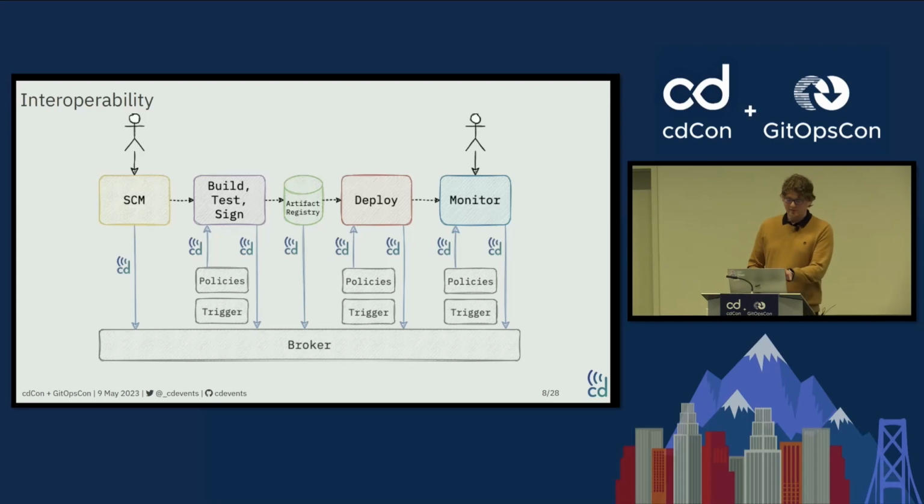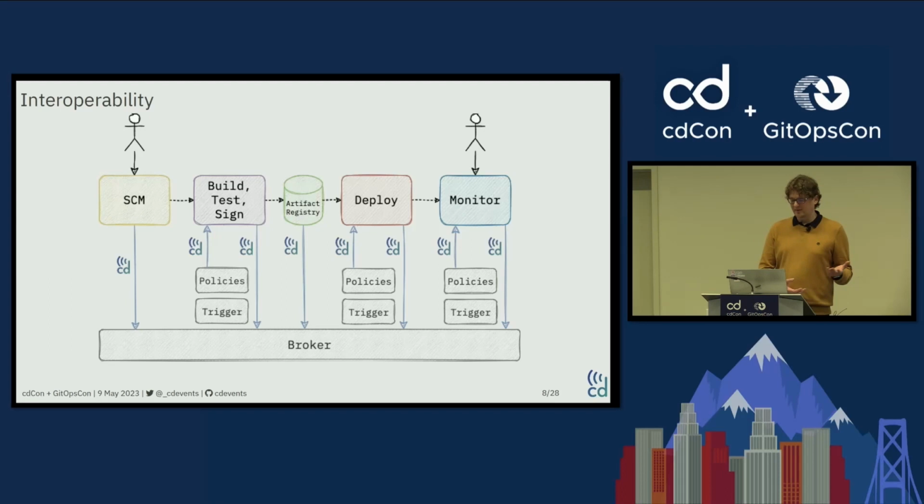You have the different tools, the different stages that we had before in the diagram, like your SCM, build, test, sign, deploy, monitor. But instead of triggering each other directly, they declare what they're doing through events. Your SCM system will say there was a PR merged into my code.